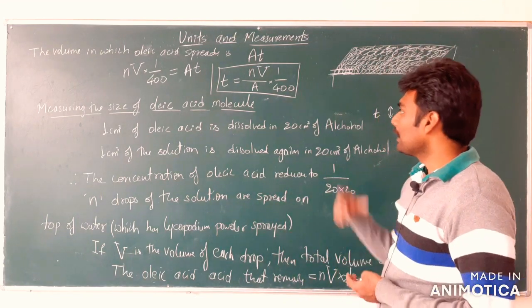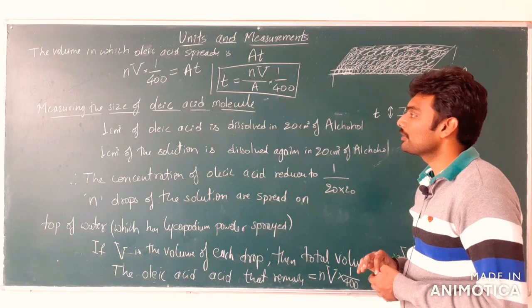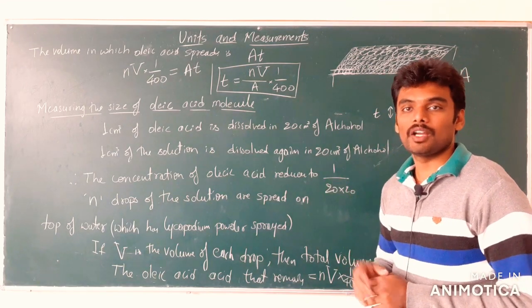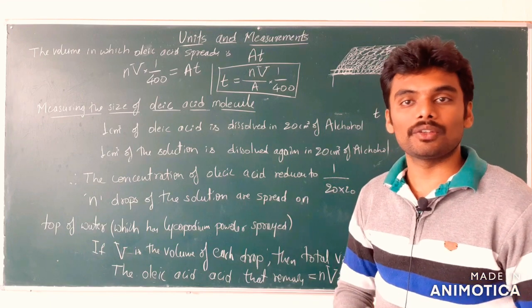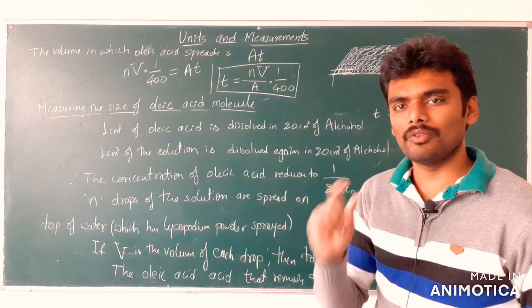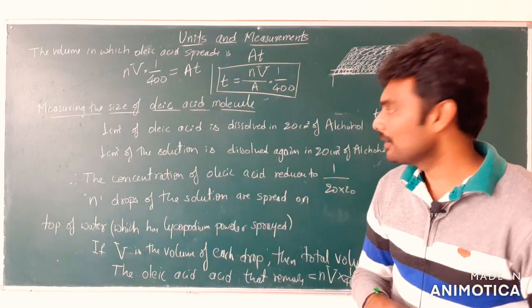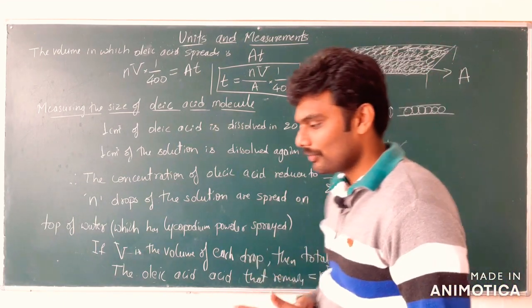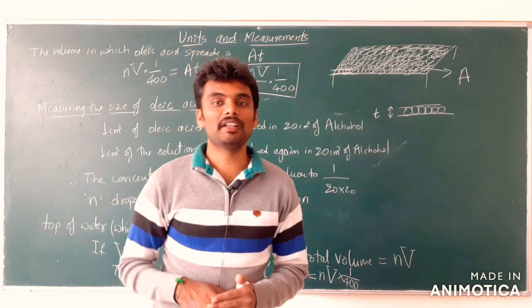So now we have the idea about the size of the oleic acid molecule, how big it is. It is going to be a very small value. Even then we can measure it using this technique. It comes in the order of 10 to the power of -10 meter.